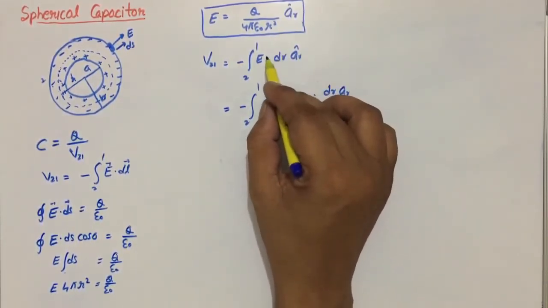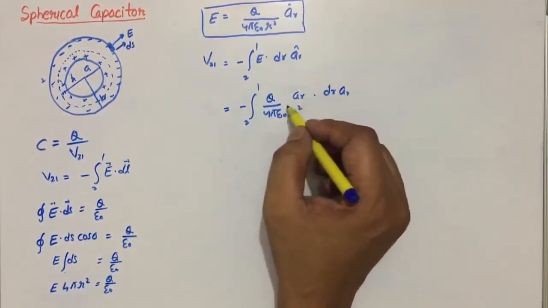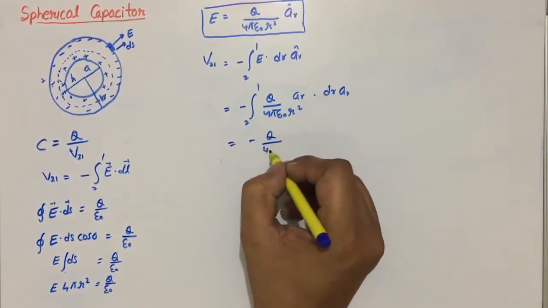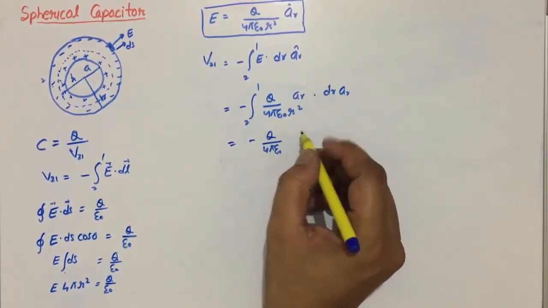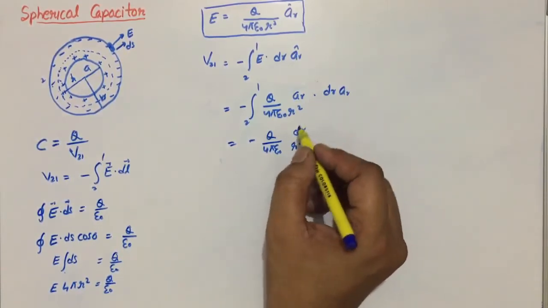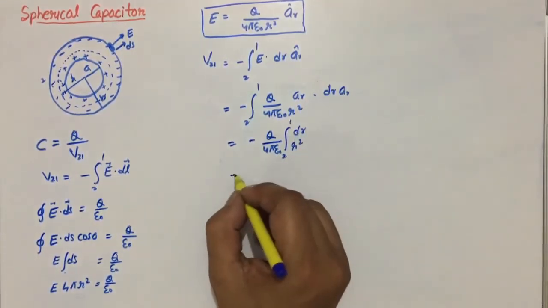Now ar and ar dot product will give you 1 and the remaining will be integrated, r square dr. We can take the operator inside, then it will be like that.